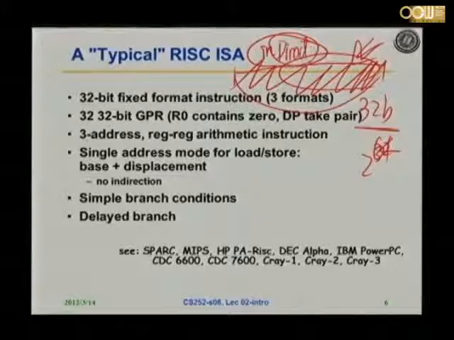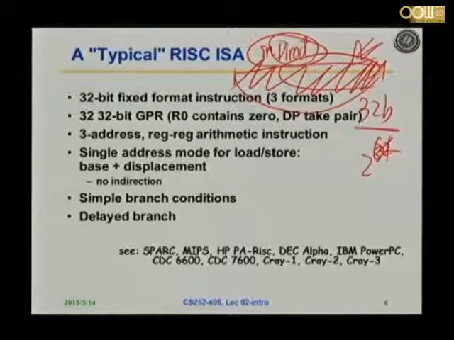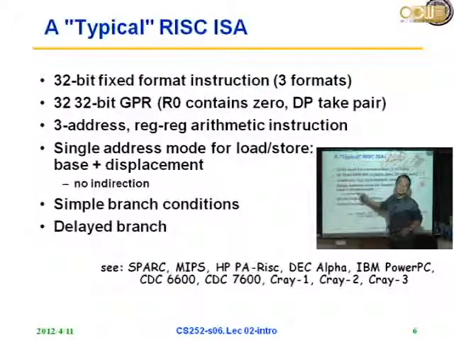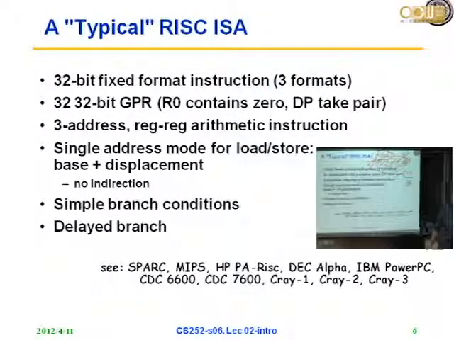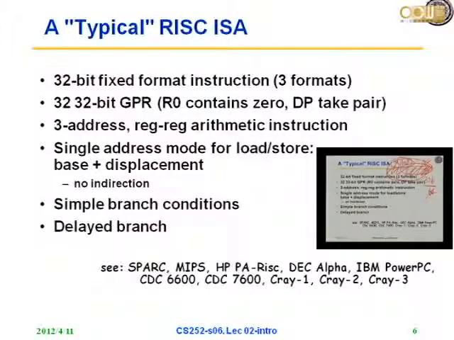Yes, of course I can use register indirect. This is a kind of register indirect with displacement. So no indirection is somewhat misleading. Or if I mean into memory and then into memory again, that kind of indirection, is it allowed from the instruction format view?